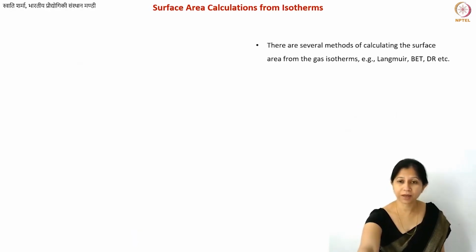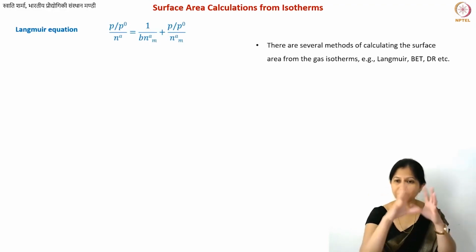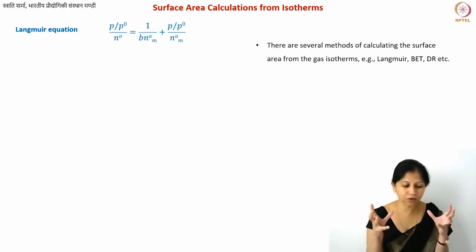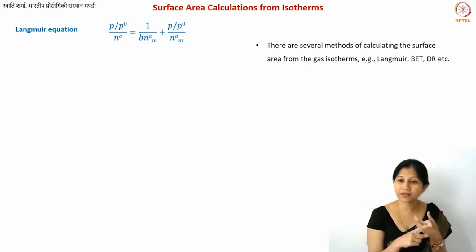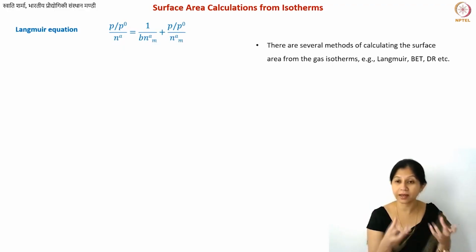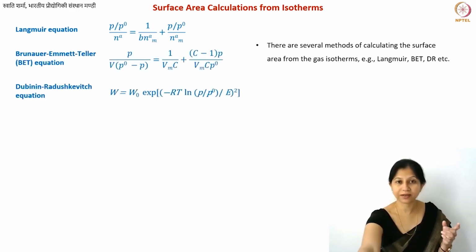Isotherms are some sort of plots, and now you need to get the values of your surface area. You know that what we are doing is plotting pressure, so you're going to have some pressure terms when you want to calculate the area from the isotherms. There are several calculation methods, and I have written 3 equations here.